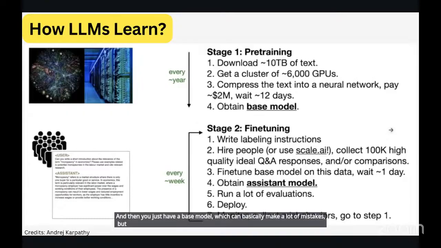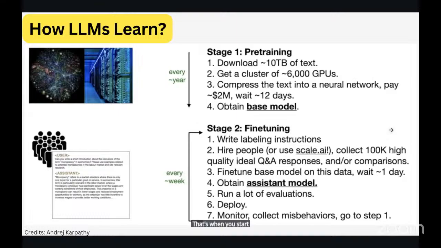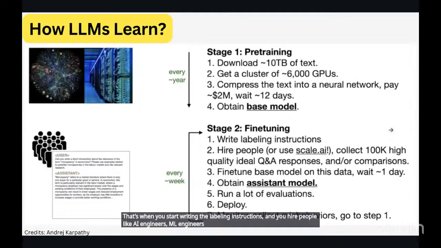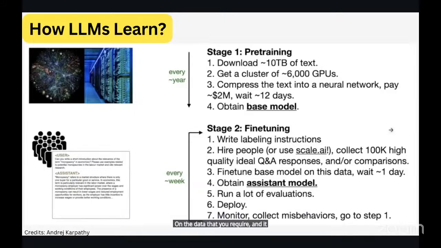But now you need to fine tune that model. That's when you start writing labeling instructions, and you hire people like AI engineers, ML engineers, right? And then you fine tune that base model on the data that you require, and it will take almost 1 day, and you obtain an assistant model after that, and run a lot of evaluations to see if that model is predicting the proper responses, and then you deploy, and then you monitor it.